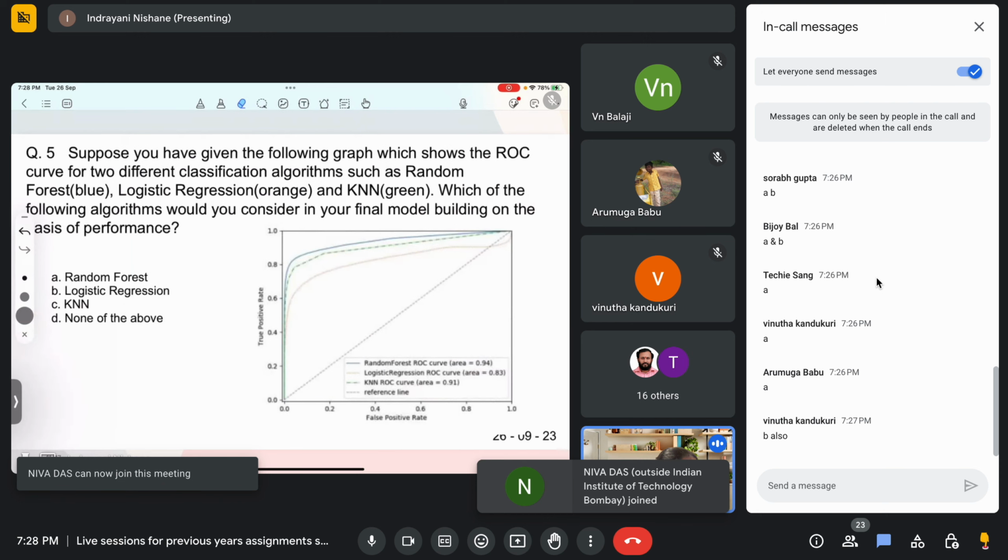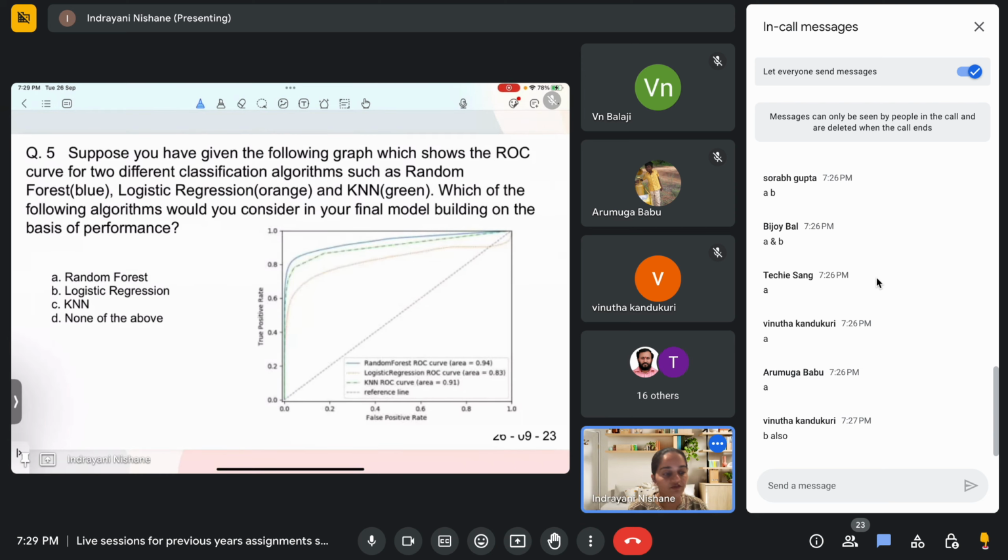So moving on to the next question. We had discussed this concept of ROC curve, where we calculate the area under the curve. You remember in the initial weeks we had seen the confusion matrix and all those parameters, in the second or third week, I don't remember exactly. At that time we had discussed how we choose the suitable ML algorithm.